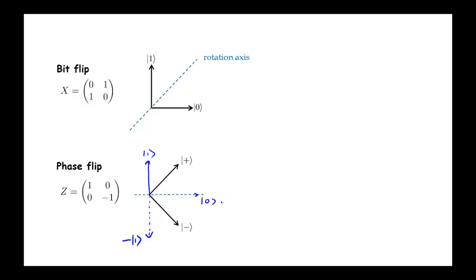Here's another way to think about the phase flip. So what does the phase flip do to the plus state? Well, remember, the plus state is 1 over square root 2 |0> plus 1 over square root 2 |1>. And so what it does is it leaves 0 alone, but it applies a phase of -1 to 1.